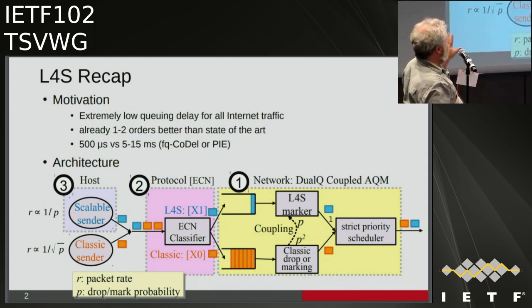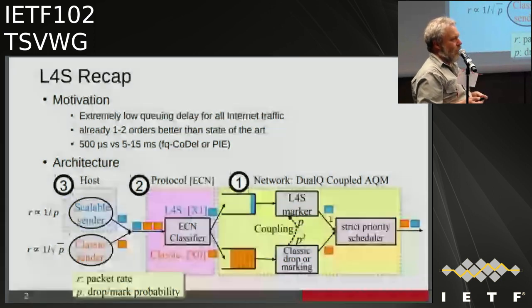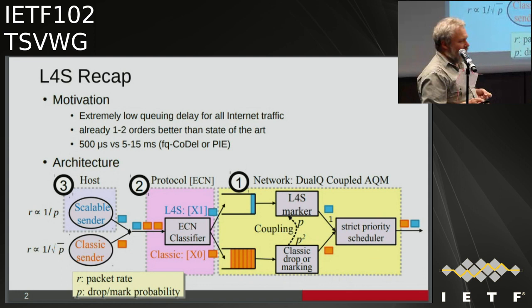And the architecture is essentially a new congestion control based on data center TCP at the host, and being able to separate out in the network low latency from other traffic in such a way that the bandwidth is shared as if it were just one queue, but the latency is isolated. So essentially it's all about making sure that TCP, classic TCP, is separated out and hopefully will fade away over decades. Well, hopefully it would fade away more quickly, but it won't.